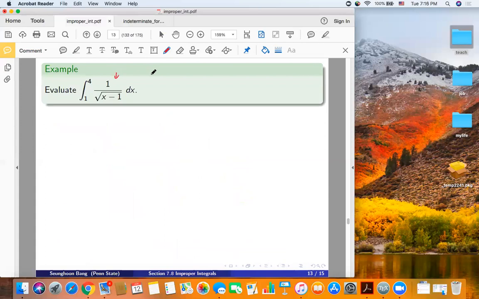Why? At 1. You plug 1 in here, what happens? The square root of 1 minus 1 is 0, so 1 over 0, like a vertical asymptote, right? So this is undefined. What does it mean? 1 over the square root of x minus 1 is discontinuous at the left endpoint 1.